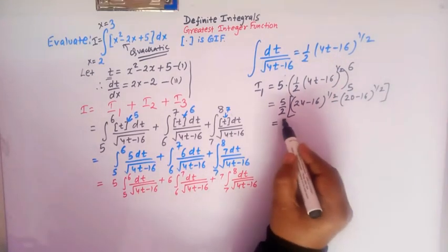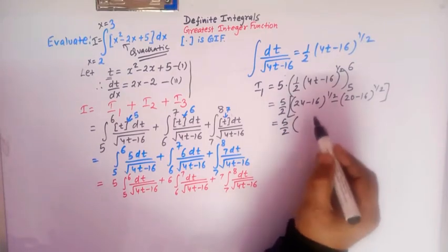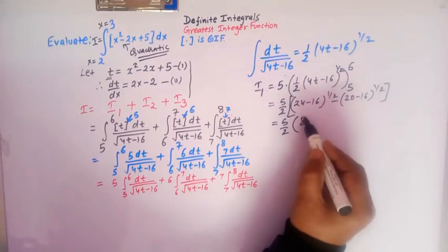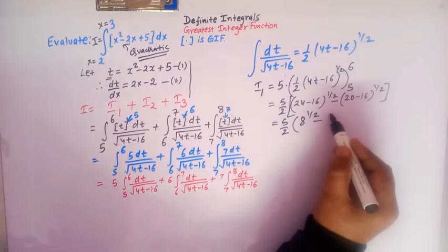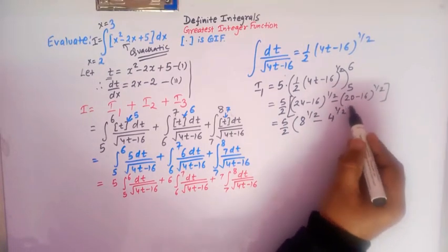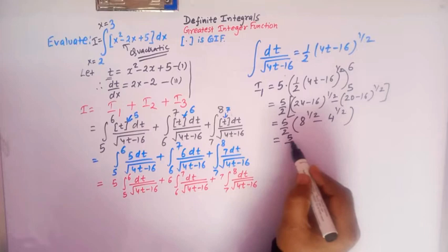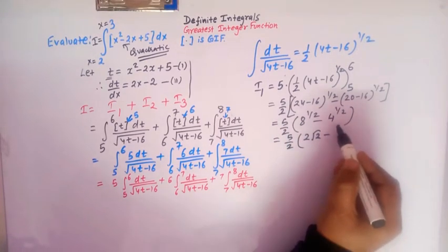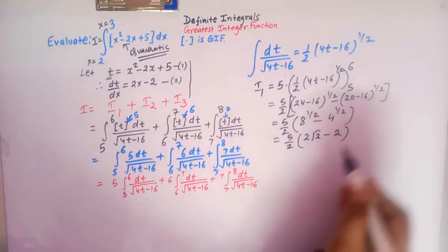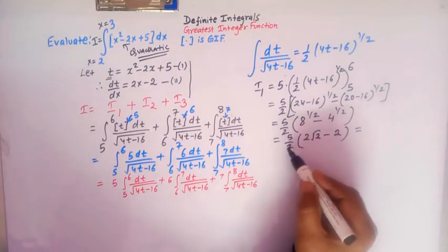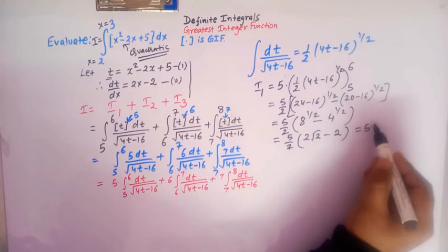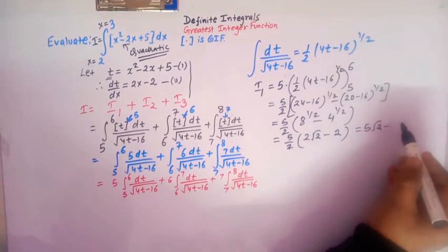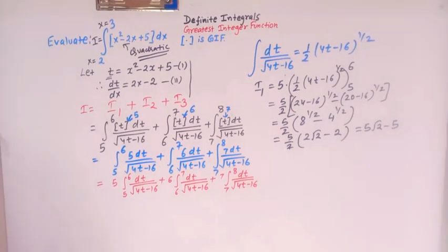So now we have 5 over 2, and this is 8 raised to half minus 4 raised to half. So now we have 5 over 2 times (2 root 2 minus 2), right? And now cancelling this 2, we have 5 root 2 minus 5, right?